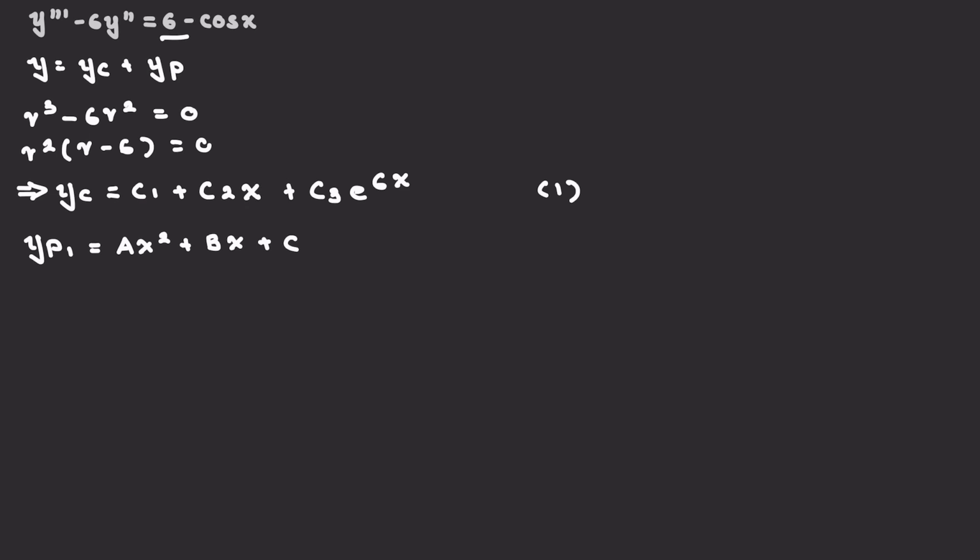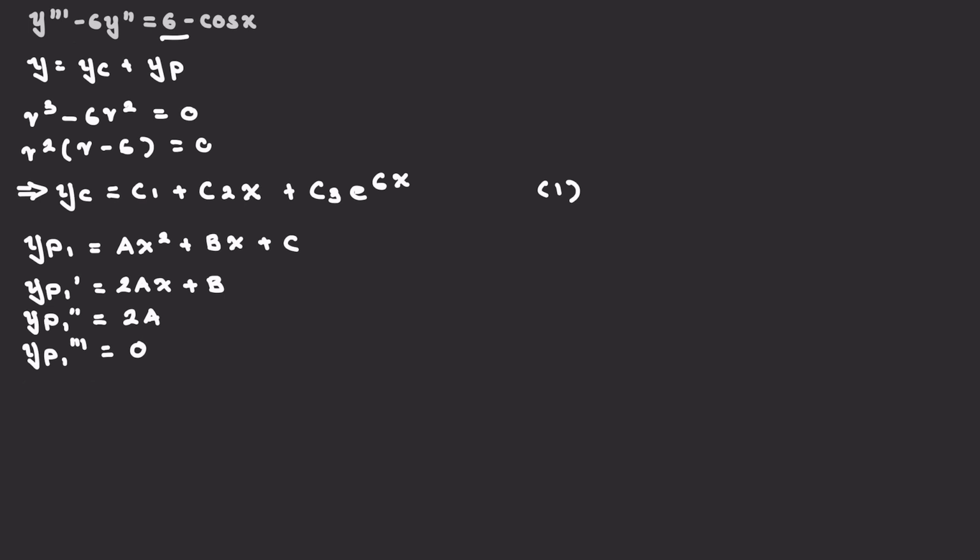Taking the first derivative, as usual, 2ax plus b, the second derivative of yp1 is just 2a, and our third derivative of yp1 is just 0 because 2a is a constant. The reason we take up to the third derivative is because our original equation is up to the third derivative.